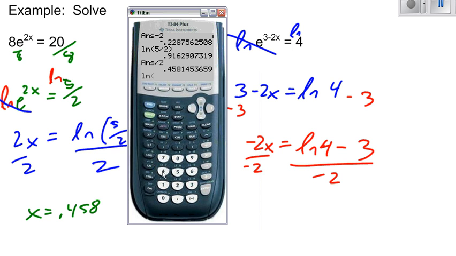So start with natural log of 4, get that answer, subtract 3, and finally divide by a negative 2. So our final answer, 0.807.